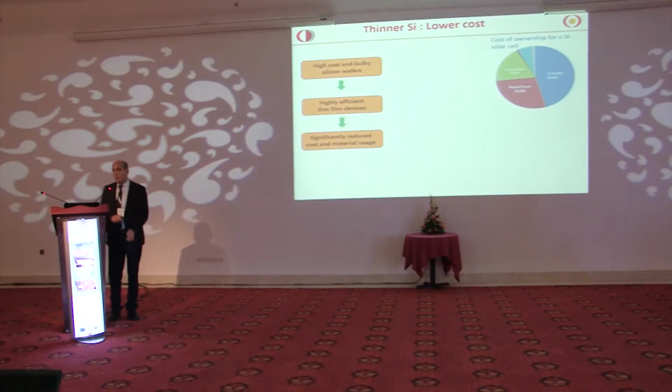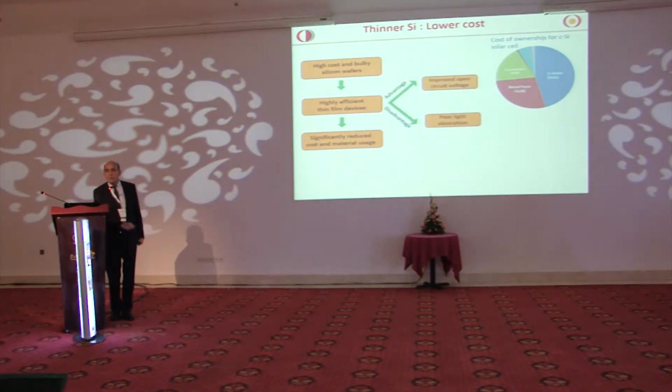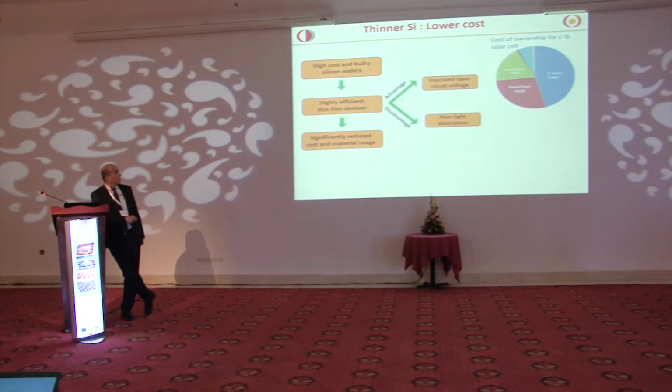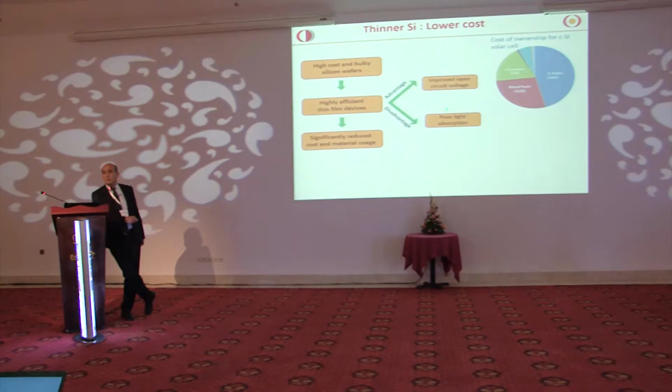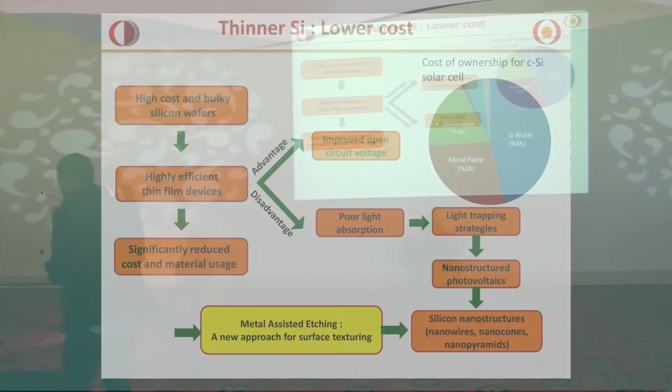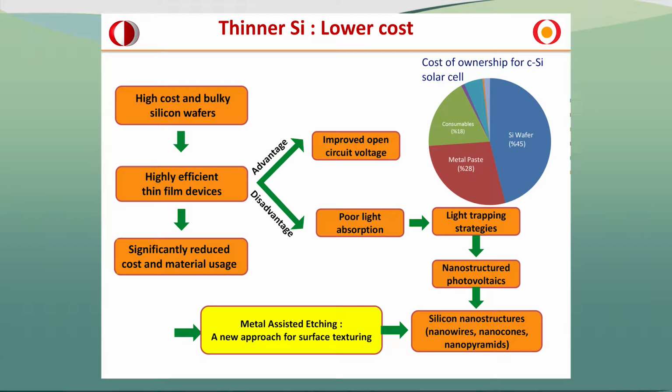But this approach has advantages and disadvantages. When you use a thin silicon wafer, you improve the open circuit voltage. This is good. But you reduce the light absorption because you have a thinner wafer, because silicon is not a good absorber.